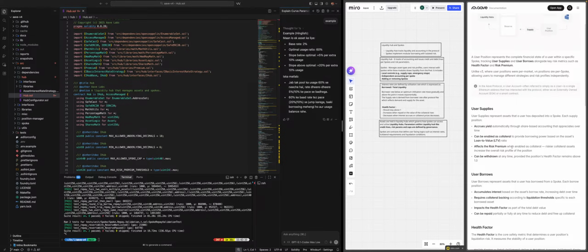It affects the risk premium when enabled as collateral. Riskier collateral affects the risk premium.